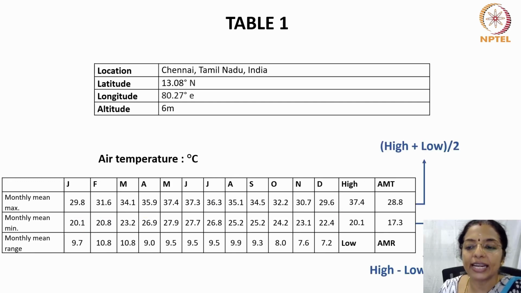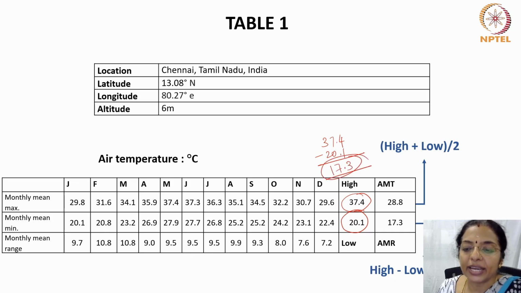So what is that AMT and AMR? I had already told you. AMT is the average of this and this. And AMR is the difference between 37.4 minus 20.1, that is 17.3. That must be entered here. So we get our AMT and AMR.